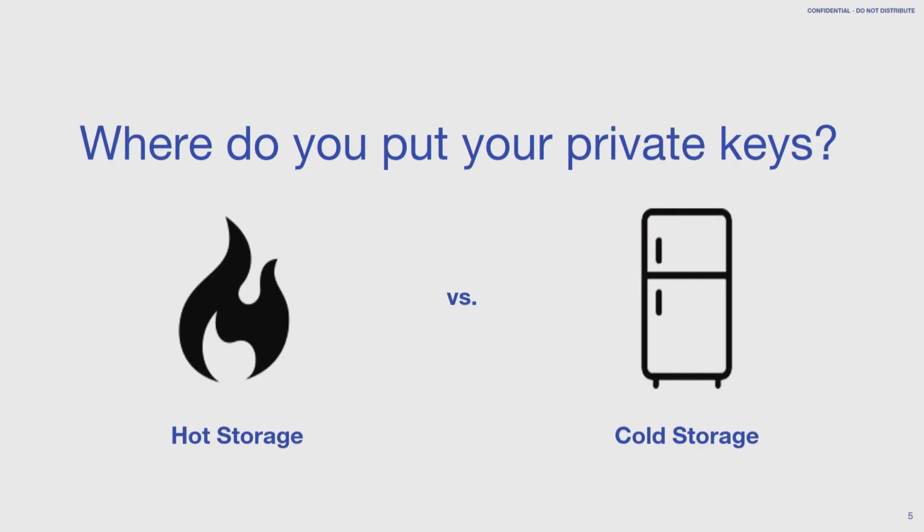So the question then becomes, what do you do with your private keys if you want to have them yourself? There's typically two types of places where you can put them. One is a hot wallet, and the other is cold storage. They both serve very different purposes. A hot wallet is going to be a device that's connected to the internet.